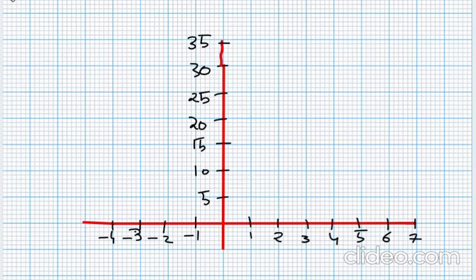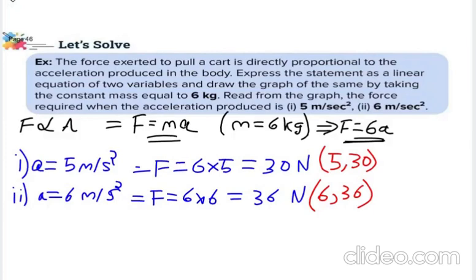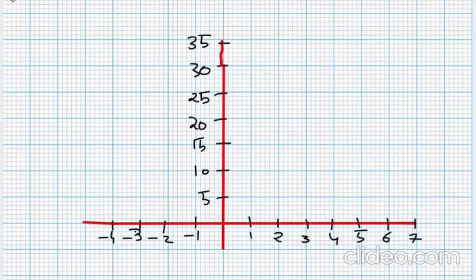Here you see I've already plotted one graph. Now what were the coordinates? Our coordinates were 5 comma 30 and 6 comma 36. So 5 comma 30, where will that lie? It will be here, 5 comma 30. This is my 5 comma 30, isn't it? And next one was 6 comma 36.